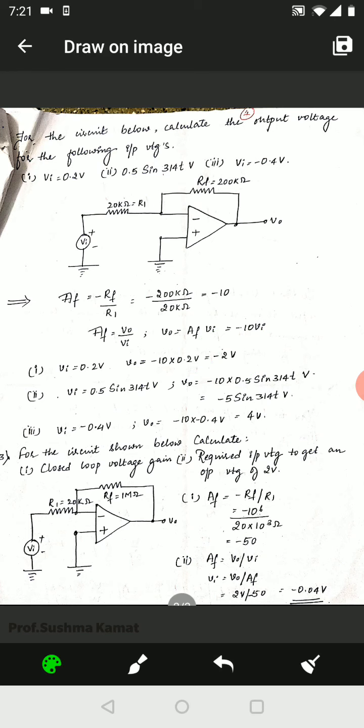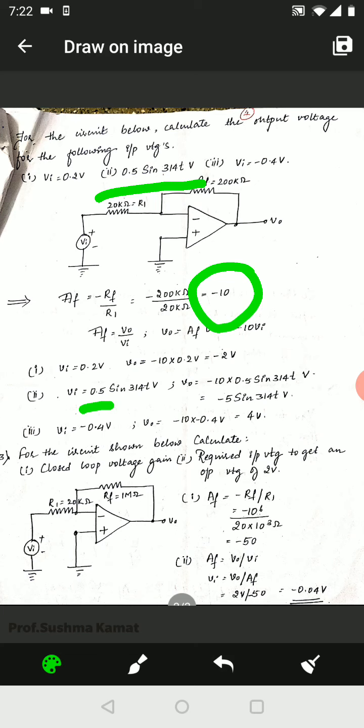In the next case, it is Vi is equal to 0.5 sine 314t. So in this, you can just ignore the value for sine 314t. That is not at all considered for the simplification sake. We can just multiply the value for 0.5 into minus 10, and that becomes our answer.